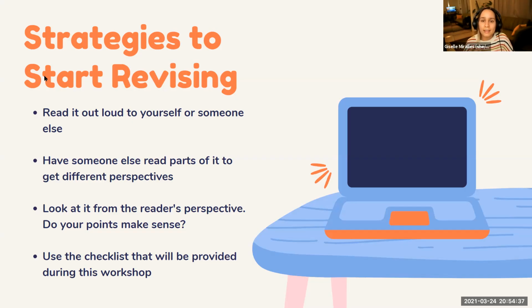Thinking of your writing that way is another helpful tool for revision. And lastly, use the checklist that will be provided during this workshop. You will be able to use that checklist for the activity we're doing in this workshop, but after this workshop, you can save that checklist and use it for future essays.